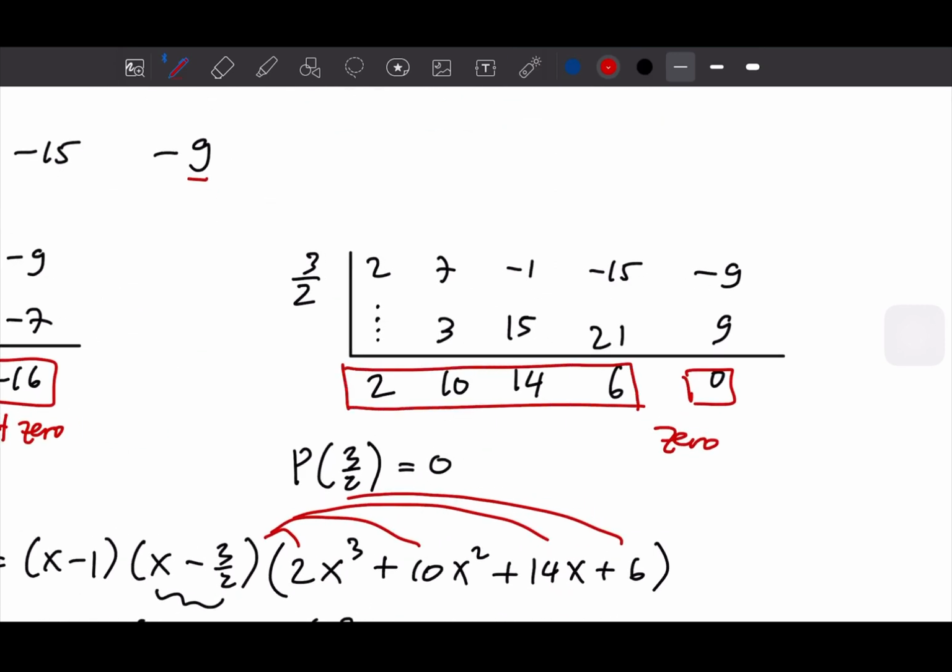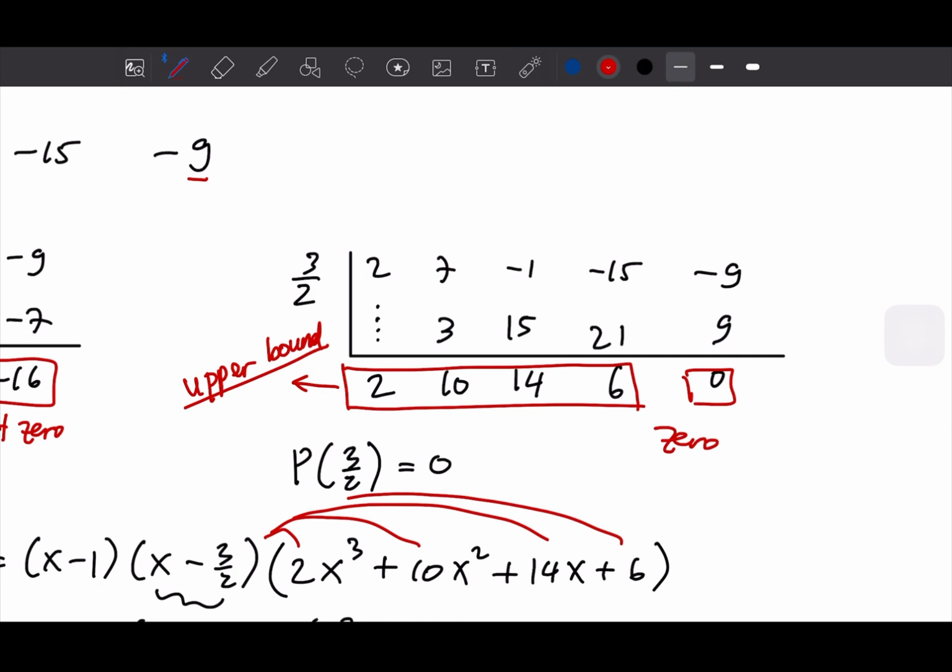The last row says that it's all positive, which means this is an upper bound. Which means we do not need to check any further positive zeros because all the remaining candidates are greater than 3 over 2.